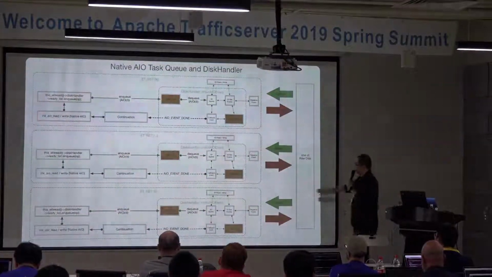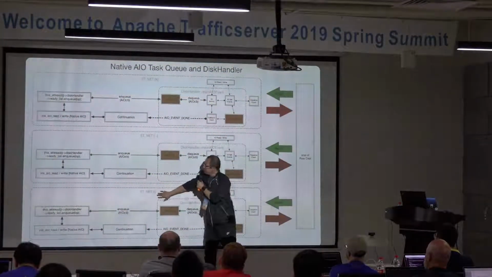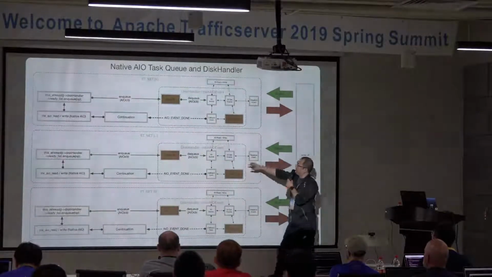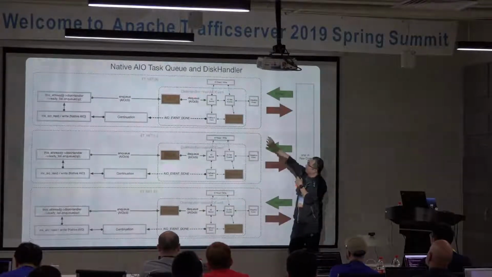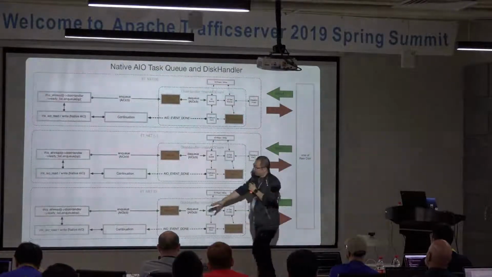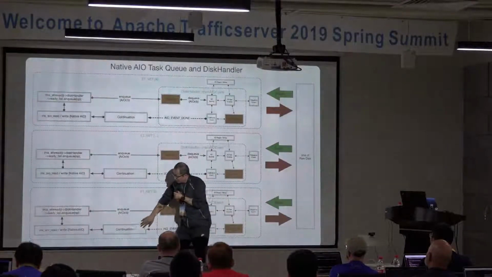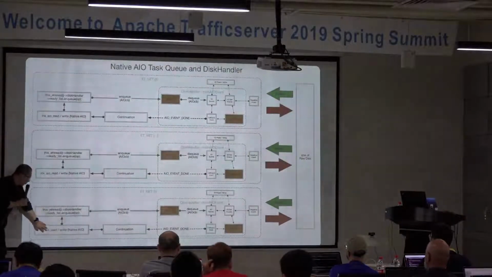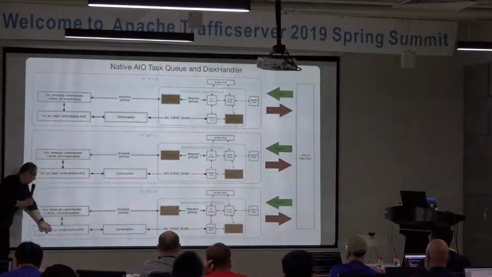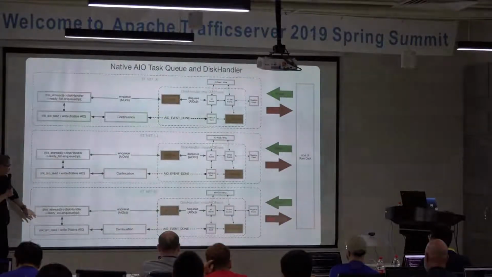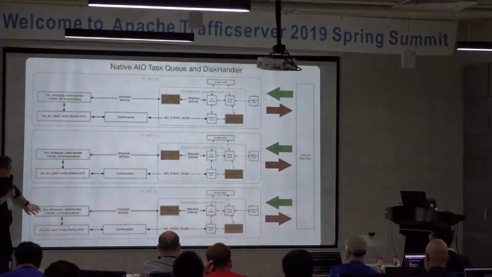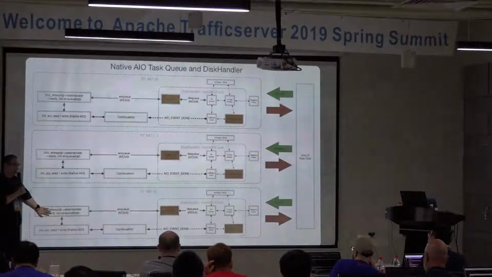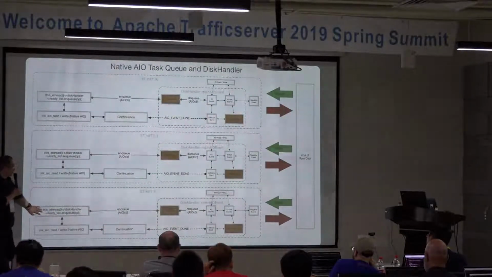So we have ET-net one, ET-net two, and more ET-nets. In each ET-net, we have a disk handler. The state machine initiates AIO read and write operations by the AIO read and write API, creates an I/O task and enqueues the task into the ready list. It's a local queue, so without lock.